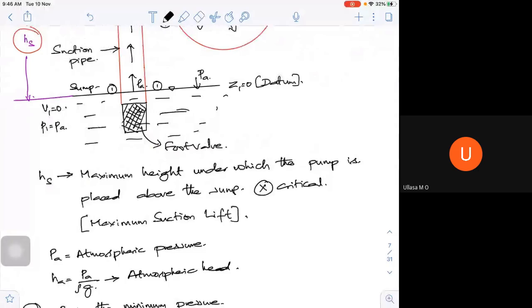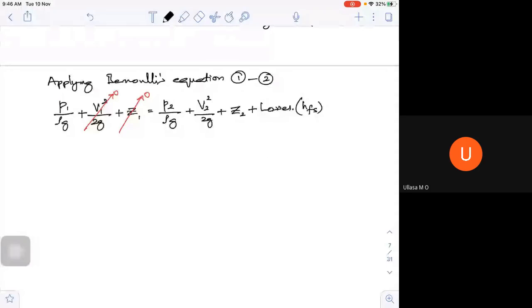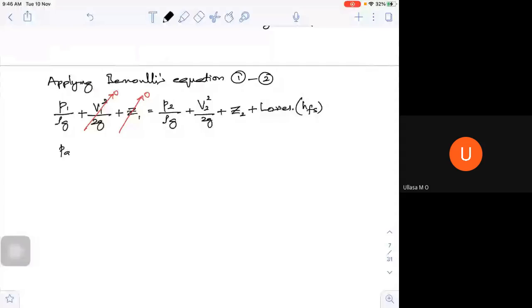So I can write Bernoulli's equation as PA by rho G is equal to P2 by rho G plus V2 square by 2G plus Z2, plus HFS.